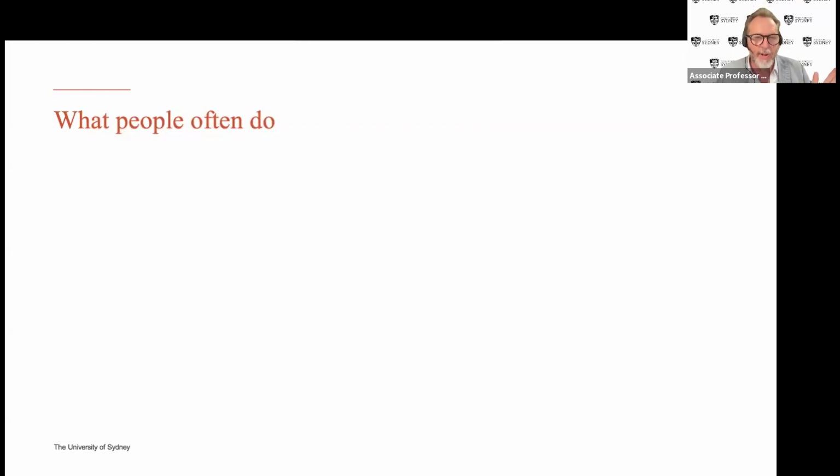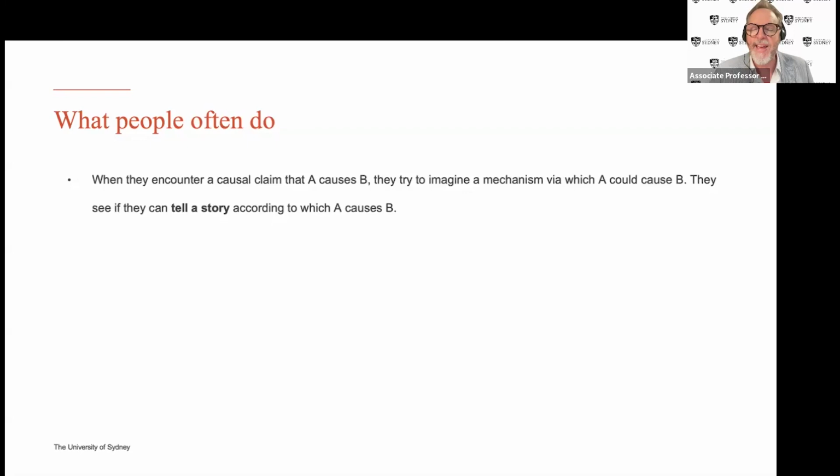So here I'm going to reveal what I think people very frequently do in this domain when they're asked a causal question like this. When they encounter a causal claim of the form A causes B, most people try and imagine a mechanism via which A could cause B. In other words, they try and tell a story about how A causes B. And we saw a couple of examples of that in your responses to the question about smacking children.